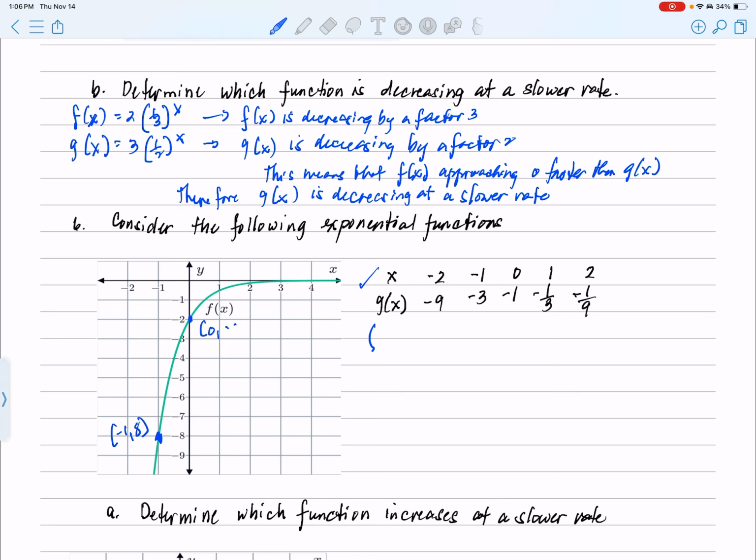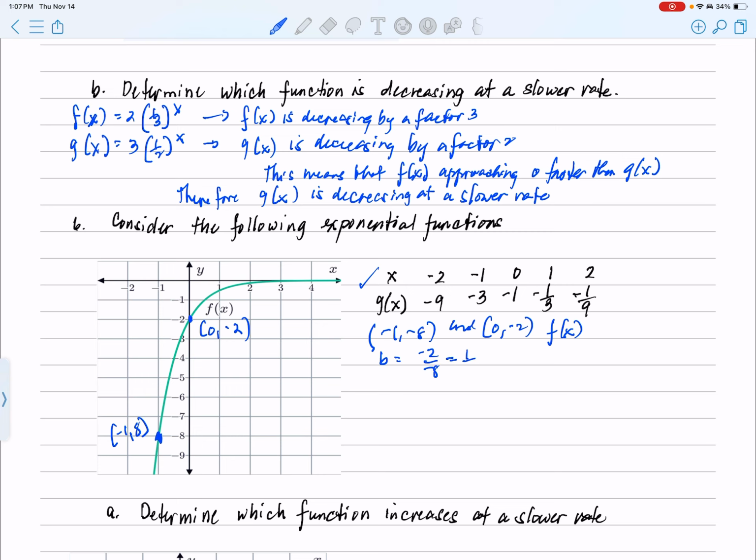So using the -1 and -8, and 0, -2 from f of x, we could get the common factor by -2 over -8, we have 1/4.